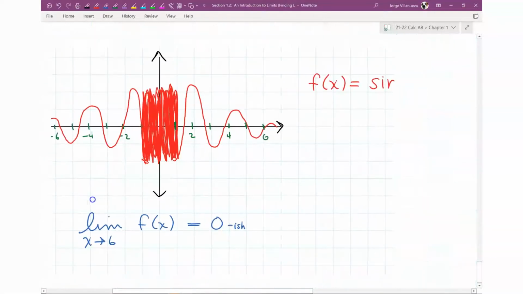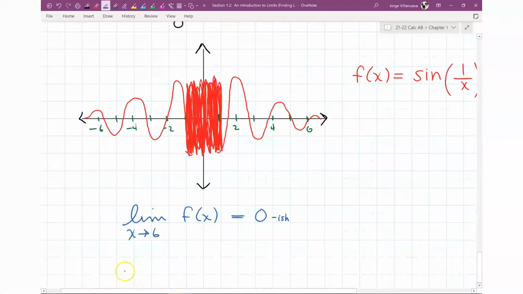So here's the main question. What is the limit as x approaches 0? So in other words, right here, what is the limit? Well, where is it? Can you tell? No, right? We can't tell.